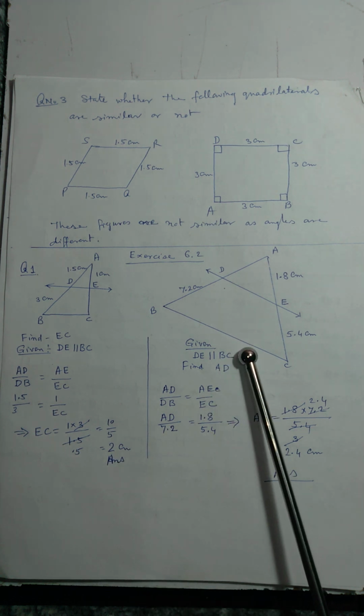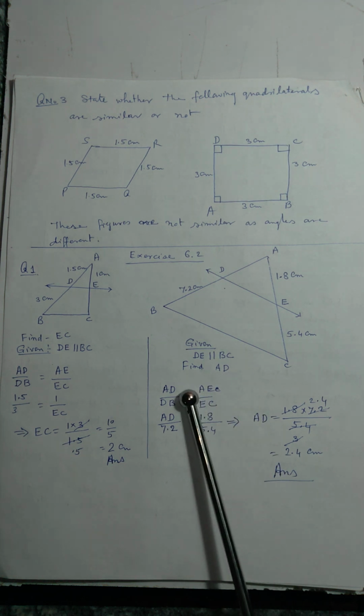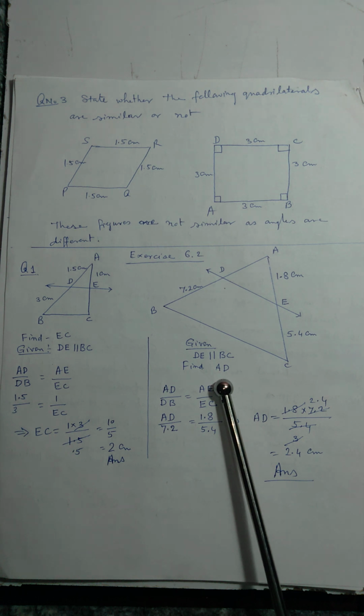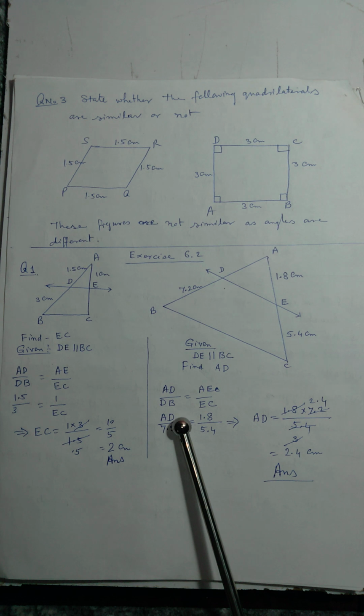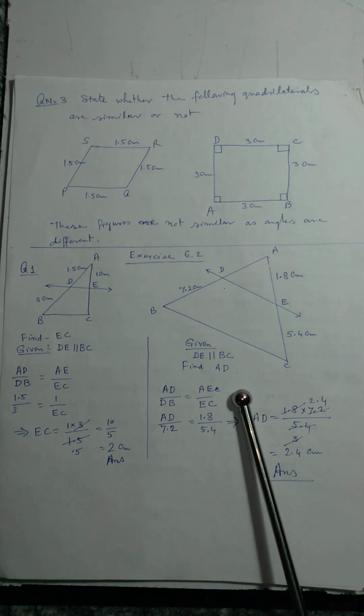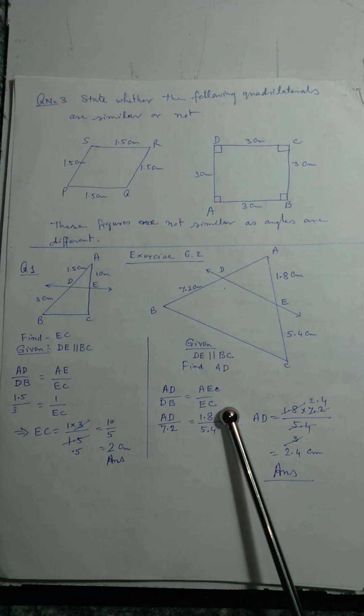Now in this case also, DE is parallel to BC. We have to find AD here. So AD upon DB is equal to AE upon EC. That is the basic proportionality theorem.